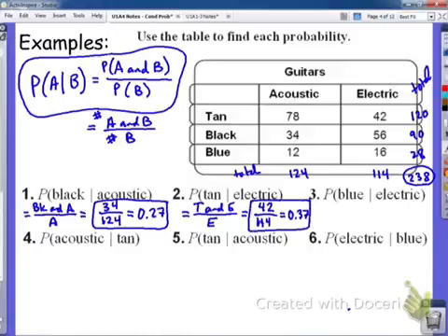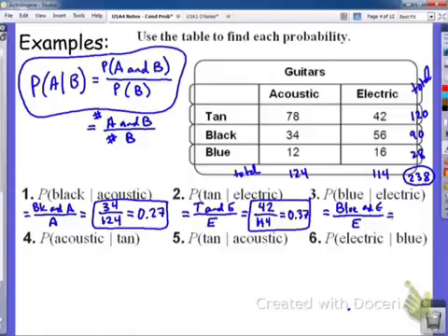Okay. You try number 3. Get a head start on me. So you're selecting the number of blue and electric guitars and dividing it by the number of electric guitars.